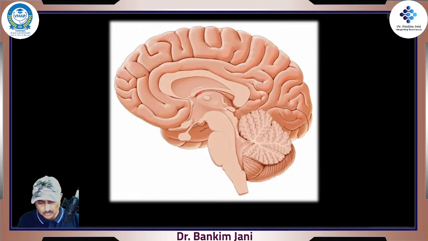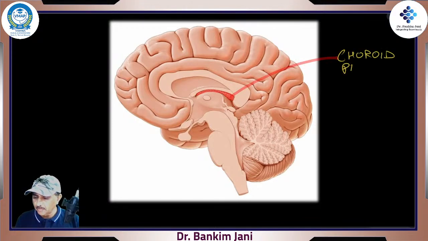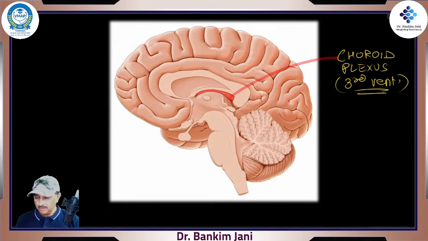So we have got the choroid plexus in the lateral ventricles. We have got the choroid plexus of the third ventricle, right? Function: CSF production.